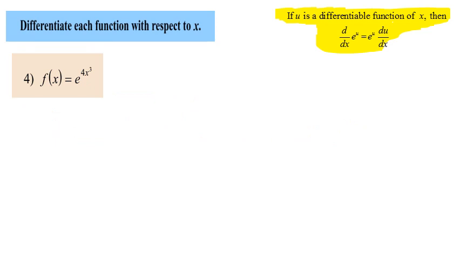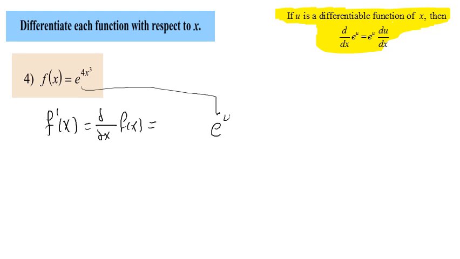Differentiate each of the functions with respect to x. f of x is equal to e to the power of 4x to the power of 3. f dash of x, or the derivative with respect to x of the function, is, as the rule says, we put down the function and multiply by the derivative of the exponent, and the derivative of the exponent is 12x to the power of 2.